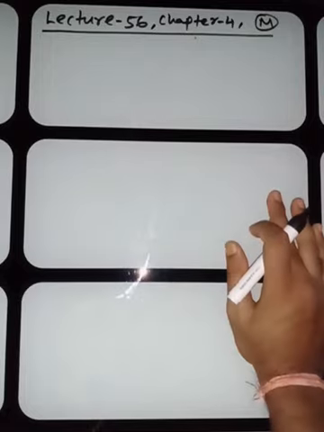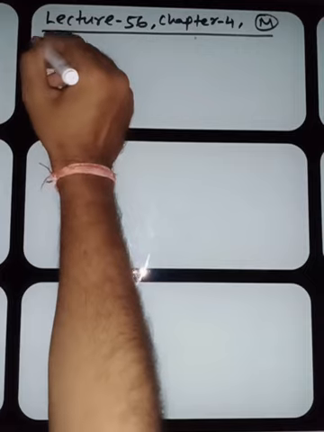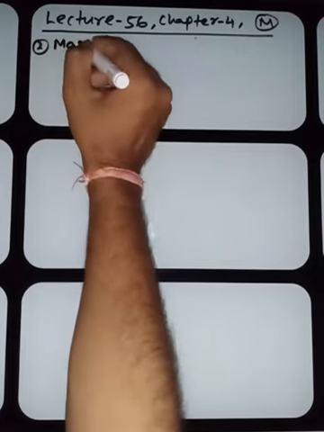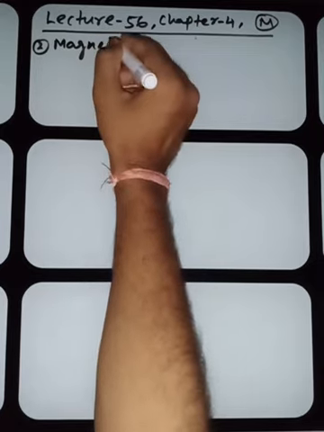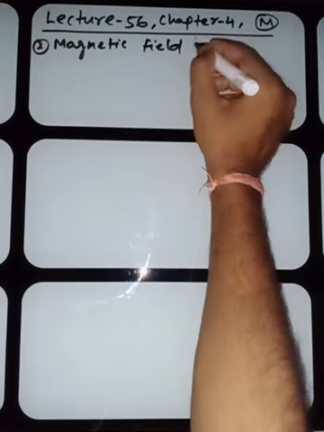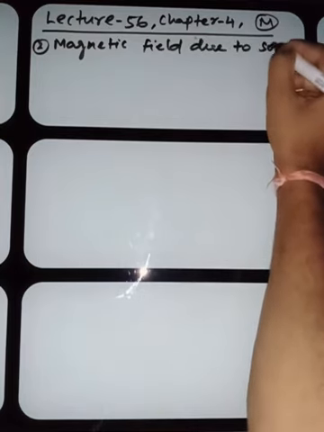Now the next, it is the magnetic field due to a solenoid. The second application, we have the magnetic field due to a solenoid.